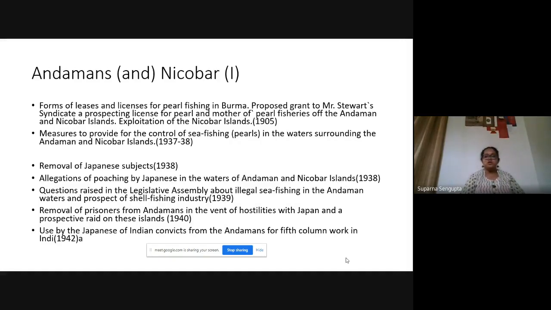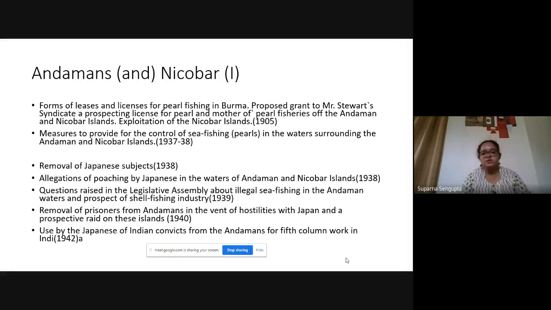The Legislative Assembly, which was expanded through the Montagu-Chelmsford reforms, also had representatives who questioned the illegal sea fishing in the Andaman waters, and even certain merchant representatives raised the prospect of a sea fishing industry which should be given to Indians rather than the licenses being issued to the Japanese.